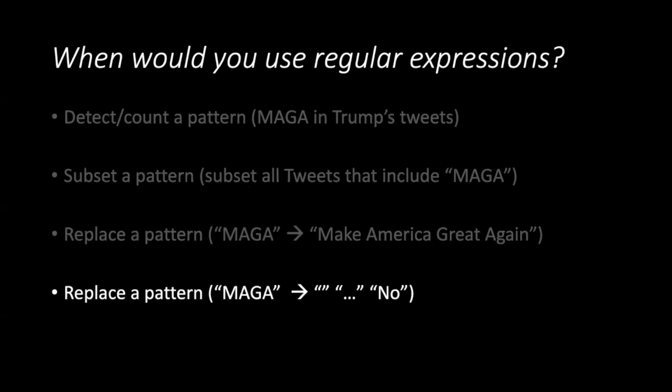You could also replace the pattern with nothing, or whatever you wanted. I think these 3 are the most important ones that you'll encounter, along with one more that I'll talk about. These are the general scenarios in which you might be trying to detect a pattern, or subset or remove a pattern.